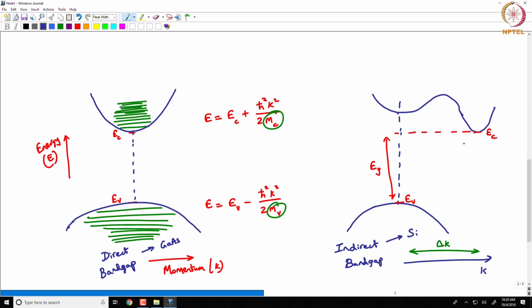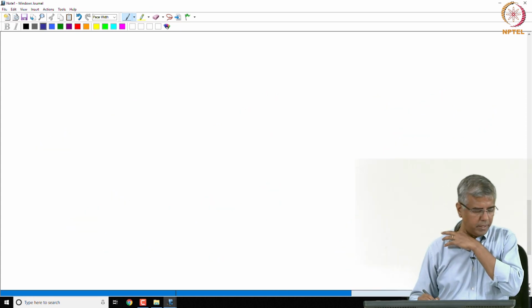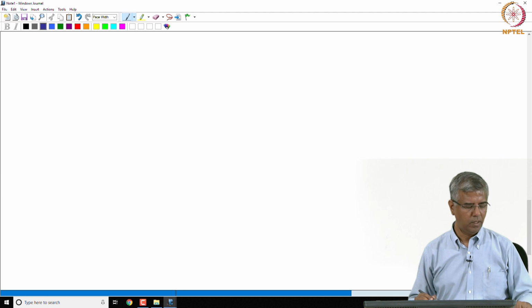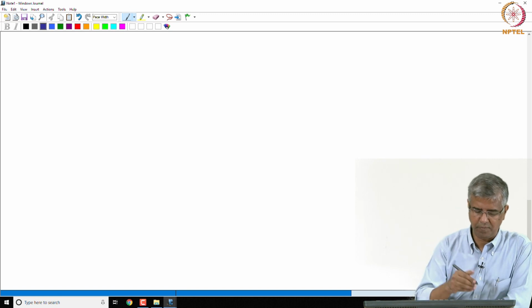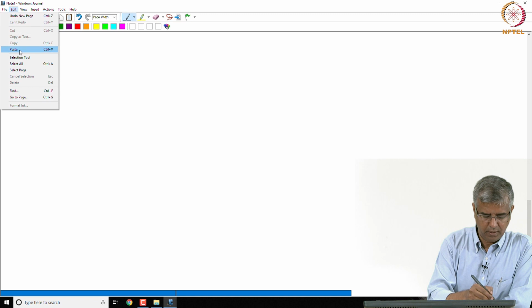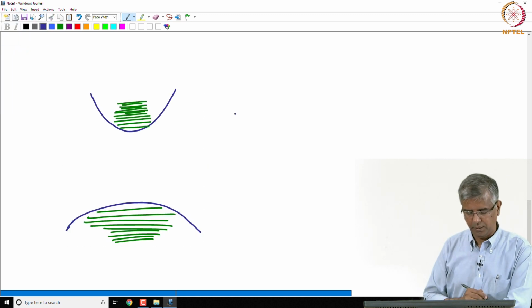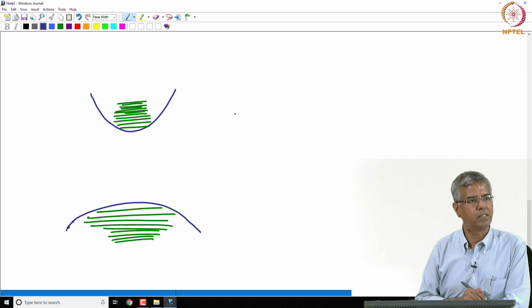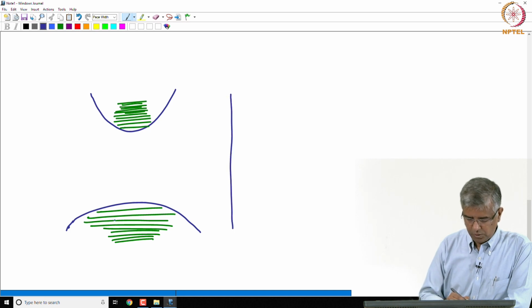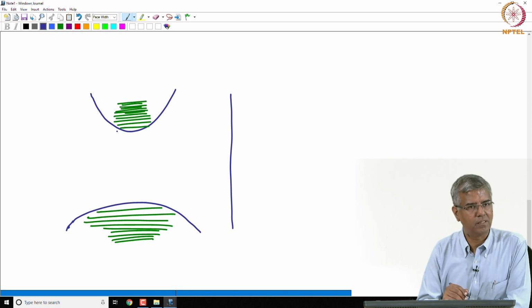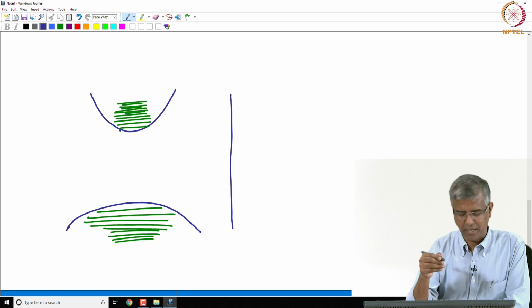There are a couple of other things that we need to keep in mind as well. The other aspect is, when you once again solve the Schrodinger wave equation and look at these energy levels, what we will find is that the density of energy levels is relatively low near the band gap, and the density increases when you go further away from the band gap.